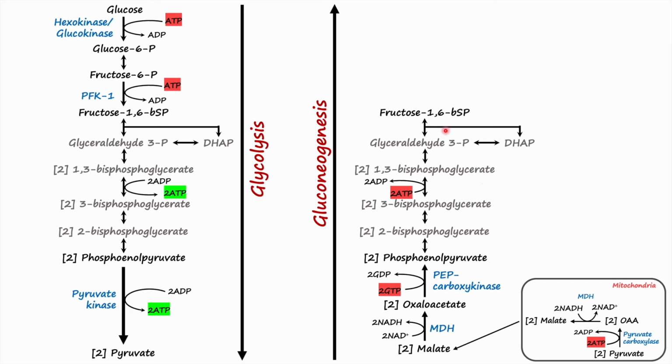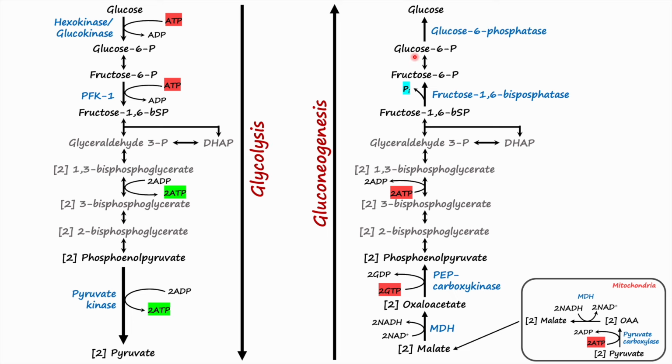Fructose 1,6-bisphosphate is then converted into fructose 6-phosphate with the help of fructose 1,6-bisphosphatase enzyme, which also releases one inorganic phosphate, and fructose 6-phosphate is then converted into glucose 6-phosphate, and glucose 6-phosphate is then converted into glucose with the help of glucose 6-phosphatase enzyme, which also releases one inorganic phosphate. So if we do the math, glycolysis synthesizes 2 molecules of ATP, whereas gluconeogenesis consumes 6 molecules of ATP.